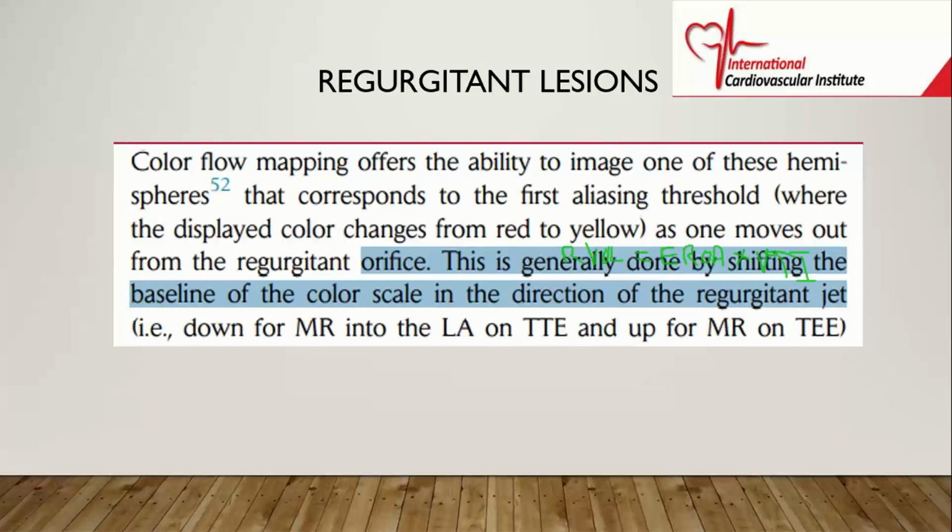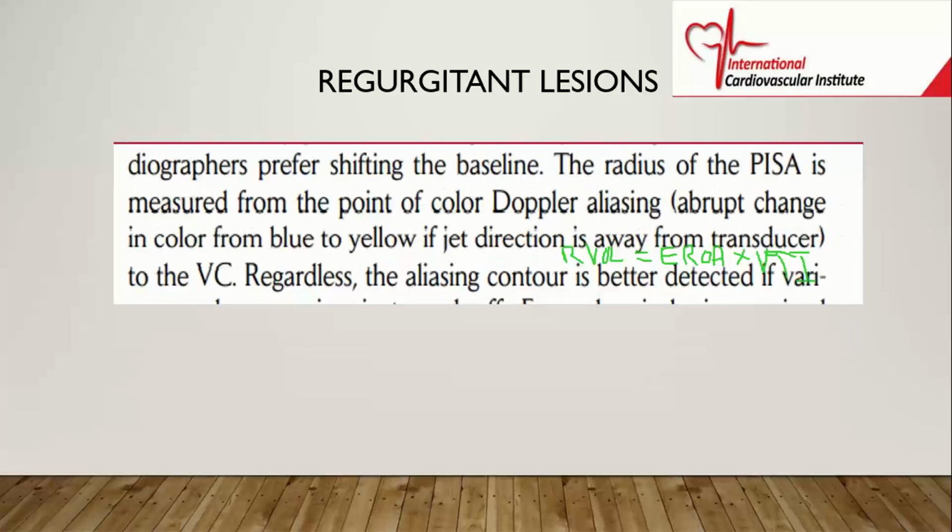So you're going to move it in the opposite direction to the regurgitation. In MR with transthoracic echo, you want to see the color changing from red to yellow. The radius of the PISA is measured from the Doppler aliasing to the vena contracta.